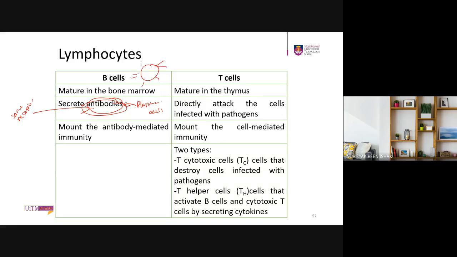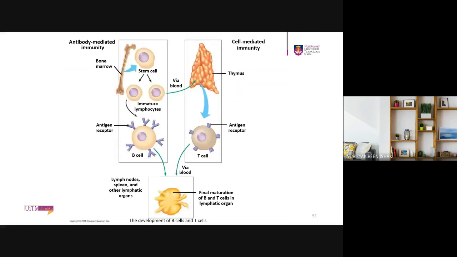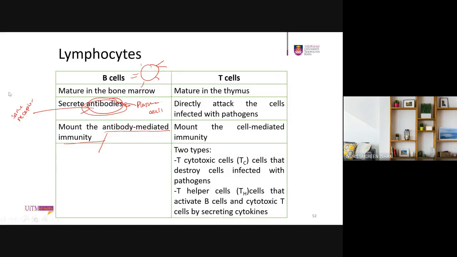Cell surface tu tadi kan. So shape antibody yang terhasil daripada B cell akan sama dengan receptor yang ada pada dia punya plasma membrane. Okay, so B cell is involved in the antibody mediated immune response, ataupun kat situ humoral immune response.